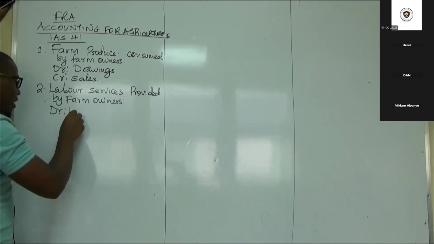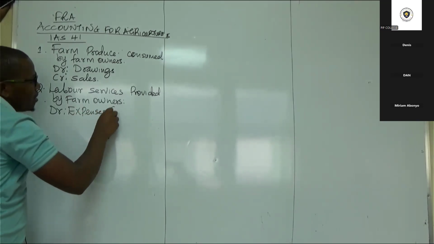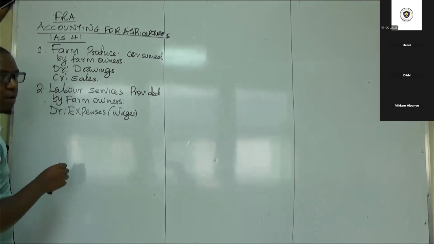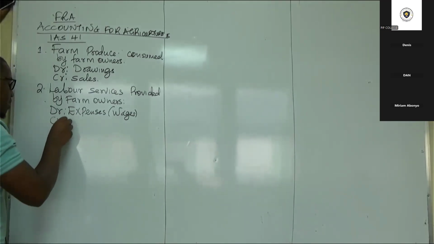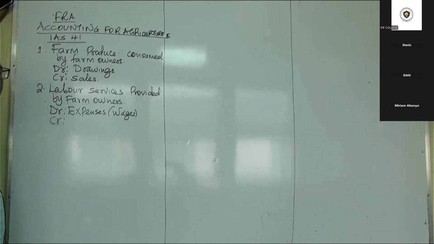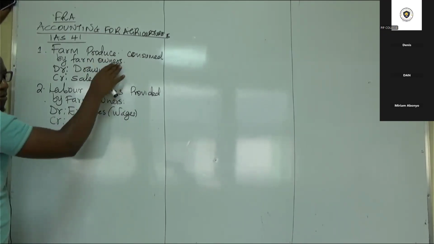Means that here we will be paying them as an expense in the form of what? Wages or so, which in this case is going to reduce the amount that they have taken for free. Since they have provided service, it will recover this amount.